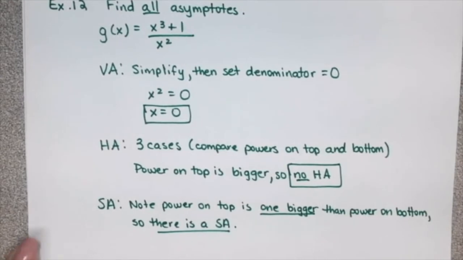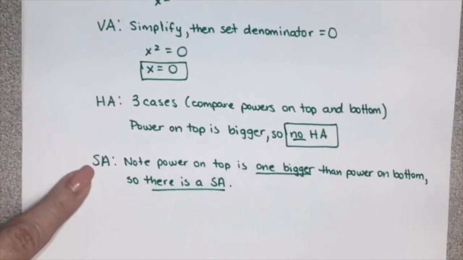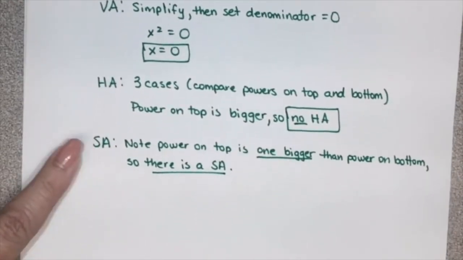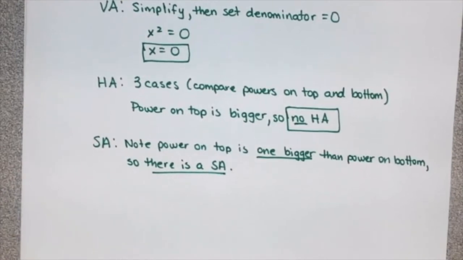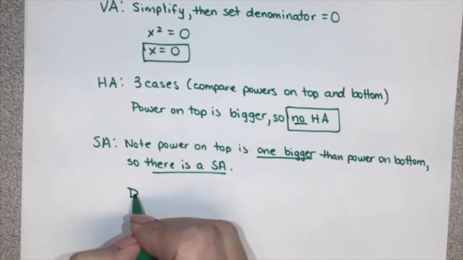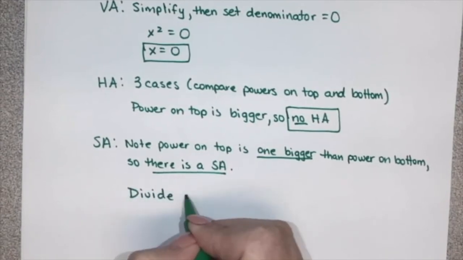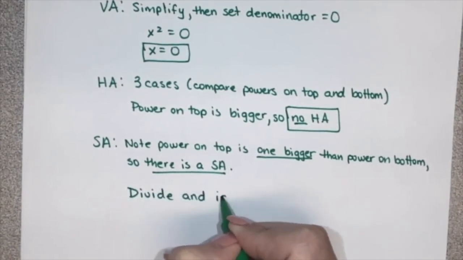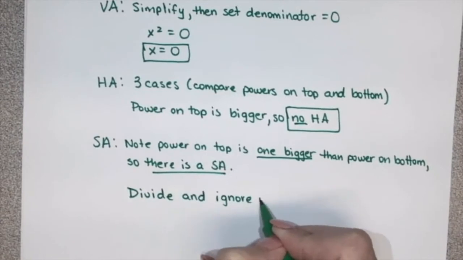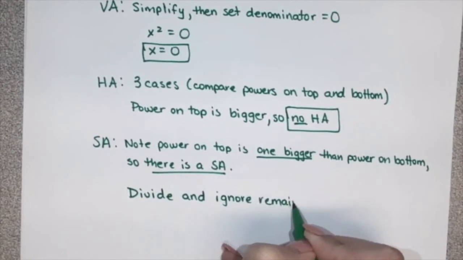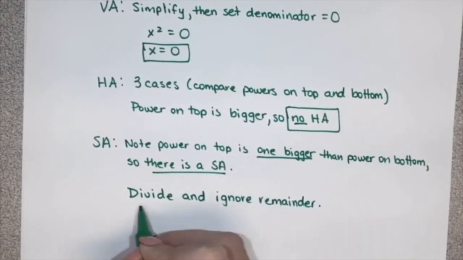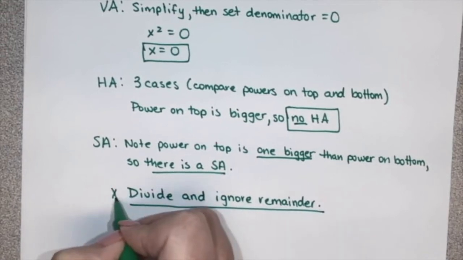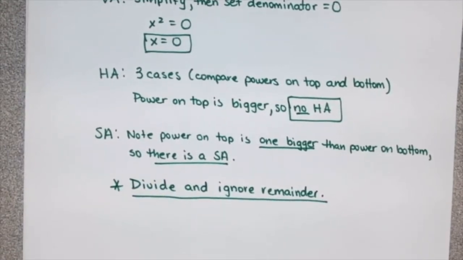Okay. Notice there'll never be both a horizontal asymptote and a slant asymptote at the same time, because if the power on top's anything bigger, there's no horizontal asymptote. Okay. So remember, what we're supposed to do is divide and ignore the remainder. And whatever we get for an answer, that's the equation for the slant asymptote. Okay. So this is how we always find the slant asymptote.